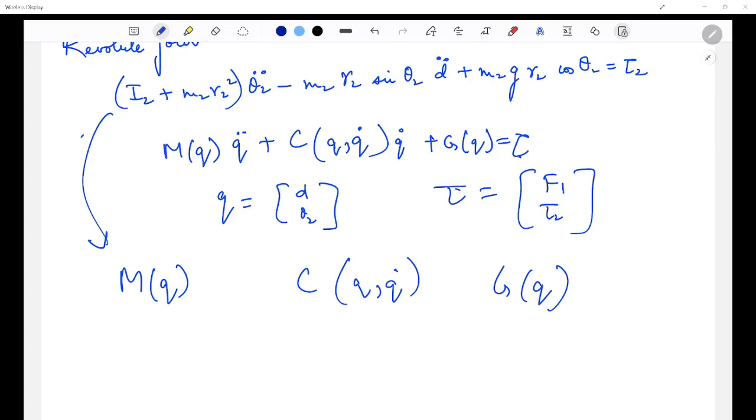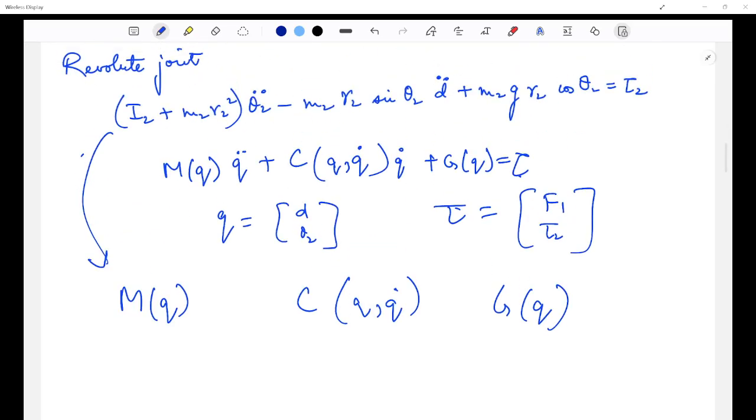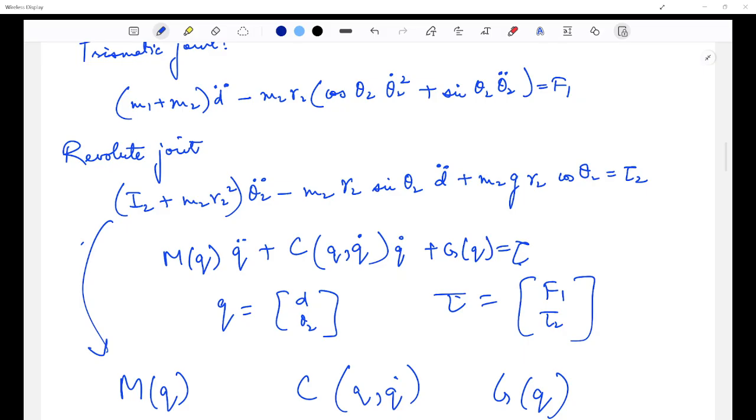Basically, it is just these equations that we are supposed to manipulate in such a way that we can write them in the form of the M, C, G matrices. So can you tell me what are these M, C and G matrices?